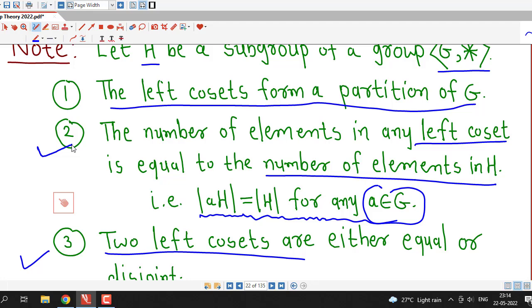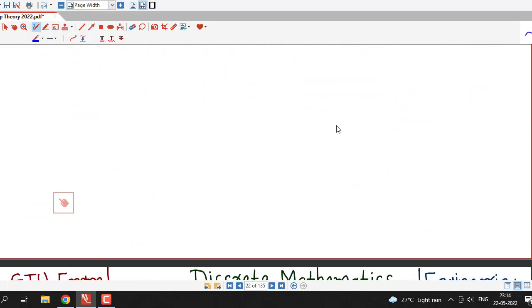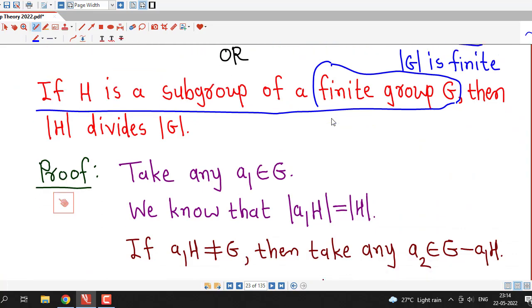Similarly, the number of elements in any coset is equal to number of elements in the given subgroup, that is size of each left coset is equal to size of the given subgroup, and the left cosets form a partition of G. So using these properties we are going to prove Lagrange theorem.